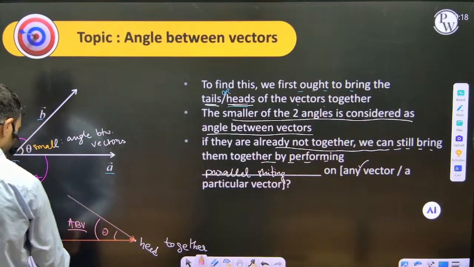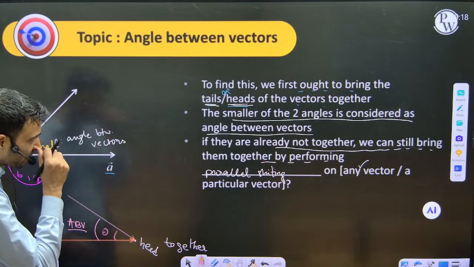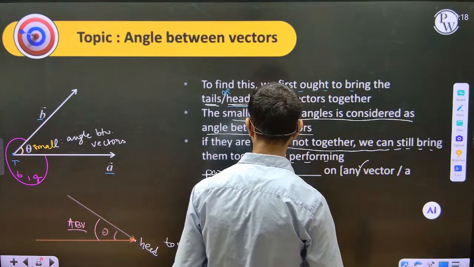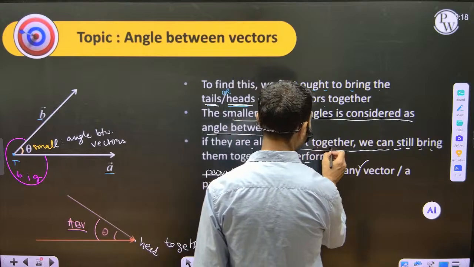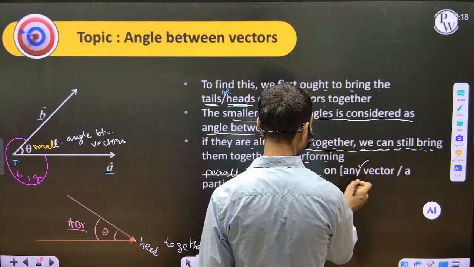Let's go ahead. Can we shift any two vectors for parallel shifting? Can we shift any one of the vectors, any one of the two vectors for parallel shifting? So here I told you to find this we ought to bring the tails and heads together, and if they are not already together we can still bring them together by performing parallel shifting on which vector?